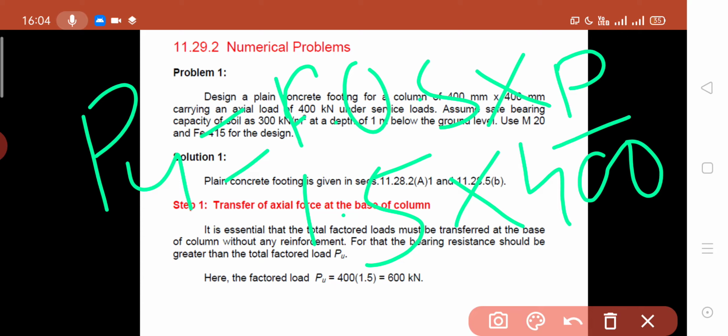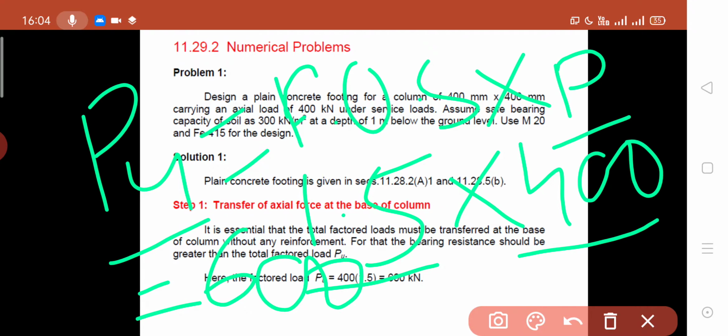So Pu is 1.5 into 400, which is 600 kilonewton.